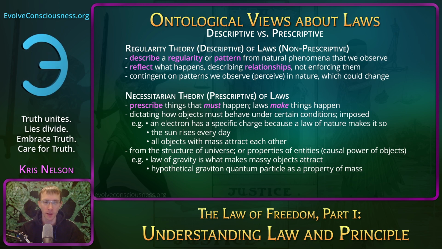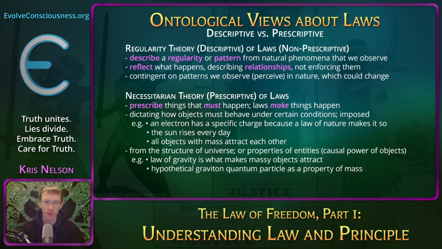So the law of gravity. When you're looking at the structure of the universe, you can say that the law of gravity itself is what makes massy objects attract. But if you look at it as properties of entities, you could say there's a hypothetical graviton quantum particle as a property of mass, which is what makes things attract. So these are ideas in the theory about what is making that attraction.